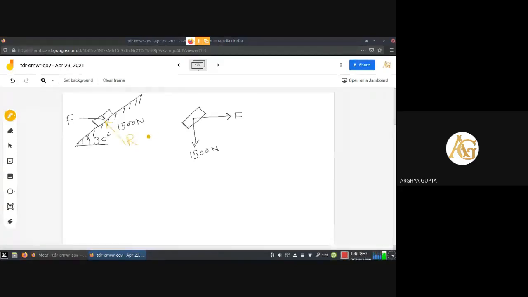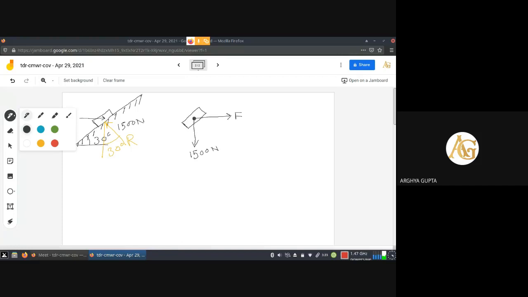Okay, and if that angle is 30 degrees, then this angle will also become 30 degree, isn't it? Because the horizontal and the plane make 30 degree. So the vertical with the line perpendicular to the plane, that angle will also be 30 degree. Horizontal with the plane 30 degree, and vertical with the line perpendicular to the plane. So both lines are perpendicular here. So that angle also becomes 30 degree.